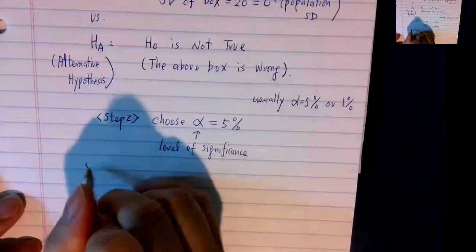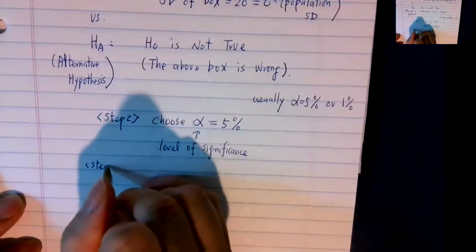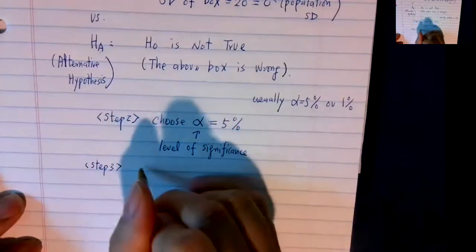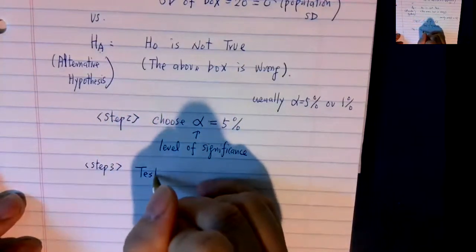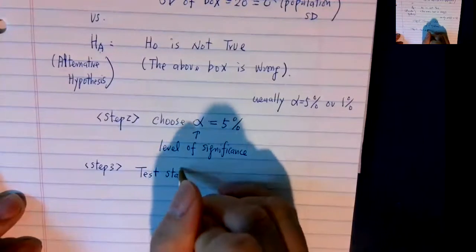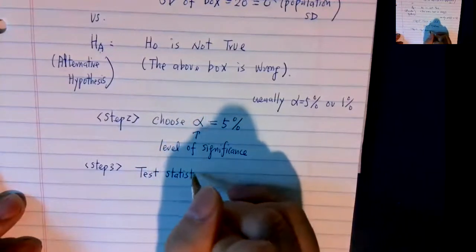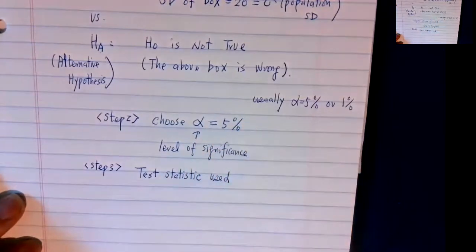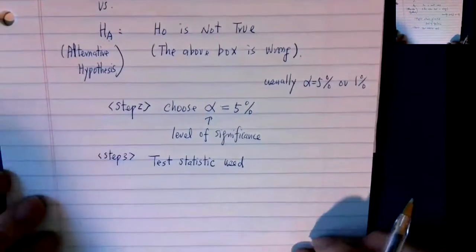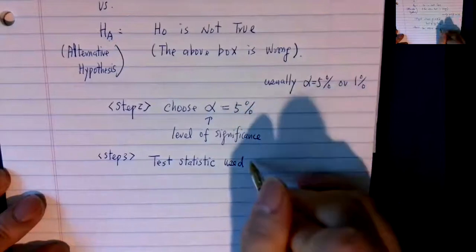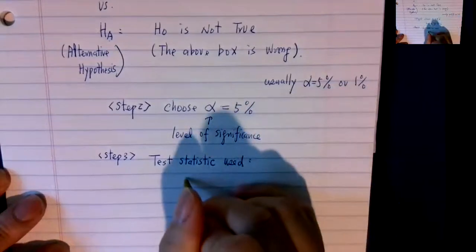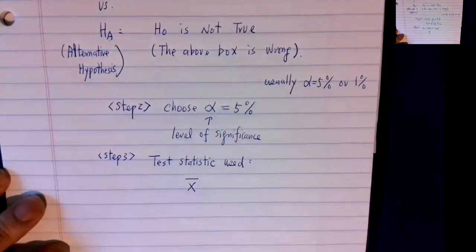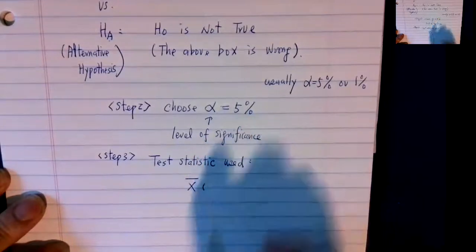And then step 3, the test statistic used. And we use what? We use X bar. X bar is what?